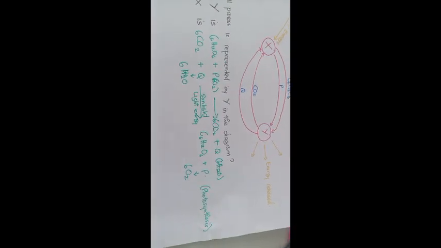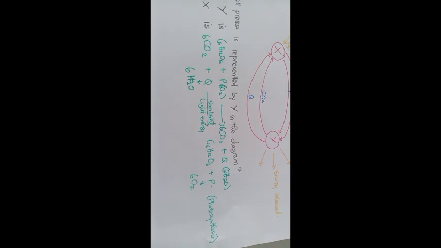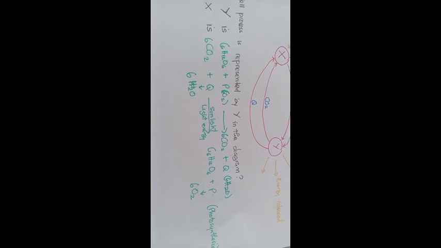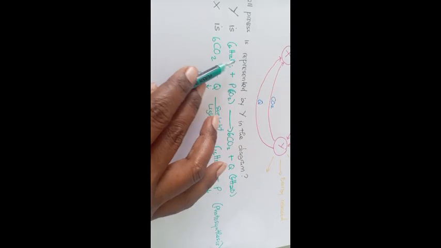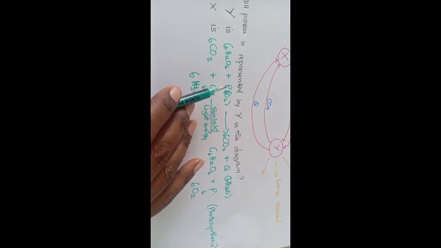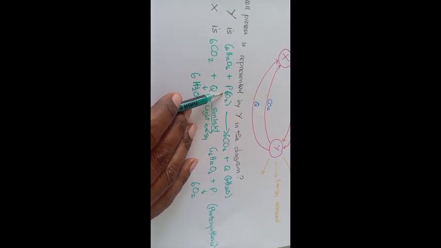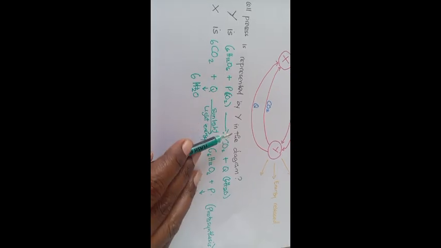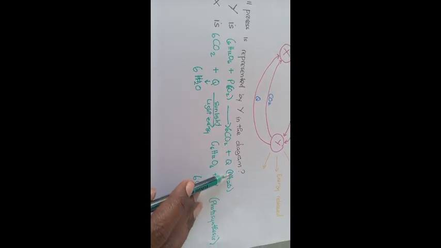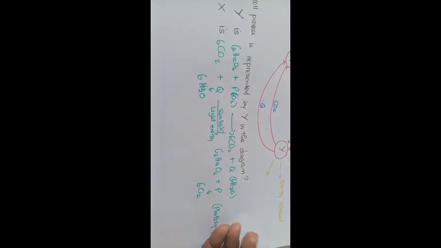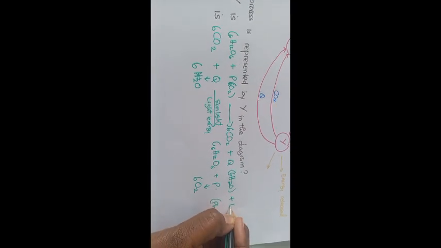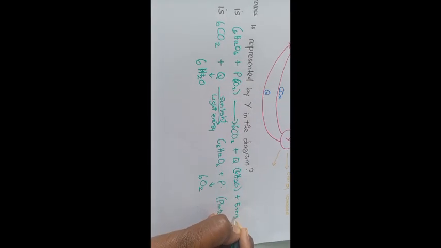So Y now takes in glucose, which is the product of photosynthesis, and oxygen. It combines them together and produces carbon dioxide and water. And if you look at it, energy is also released. We can say plus energy.